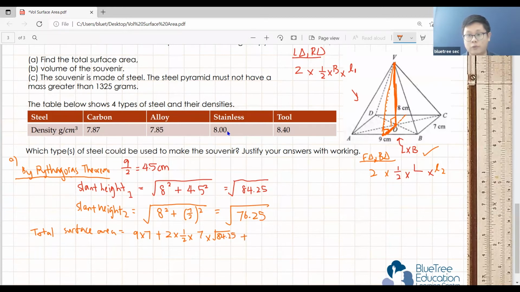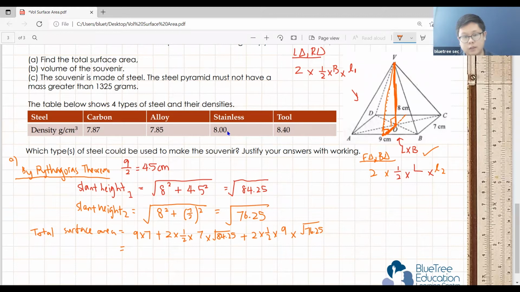And then I still have to add in the 2 triangles on the front and back, which is again 2 times half times the length in front, 9, times the slant height number 2, which is square root of 76.25. Okay. Then I will work it out all using the calculator.